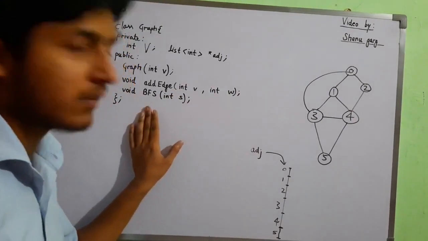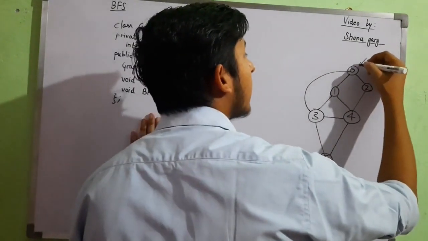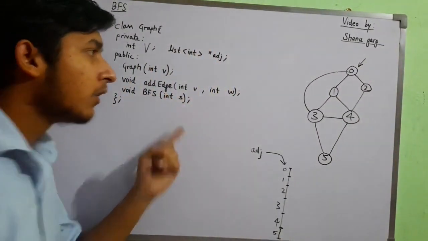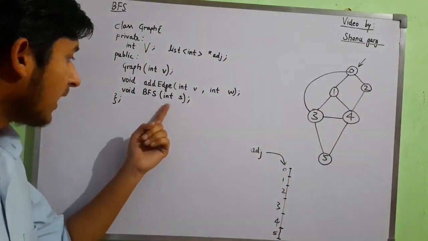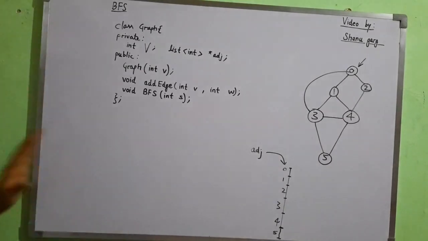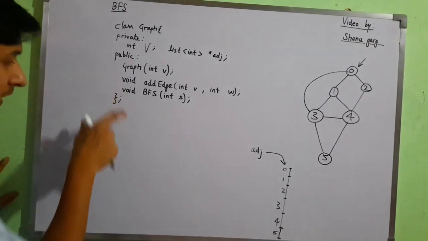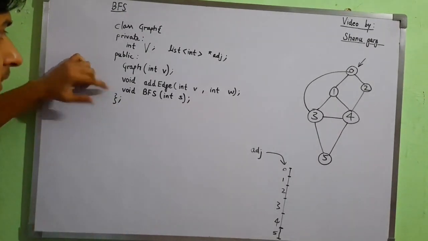Now what this function will do: this s says we have to start with this. s is given a value from where traversal is to be started. Now I will declare all of these functions here. Actually I'll start with these two here, then I'll rub this board and declare this function completely.